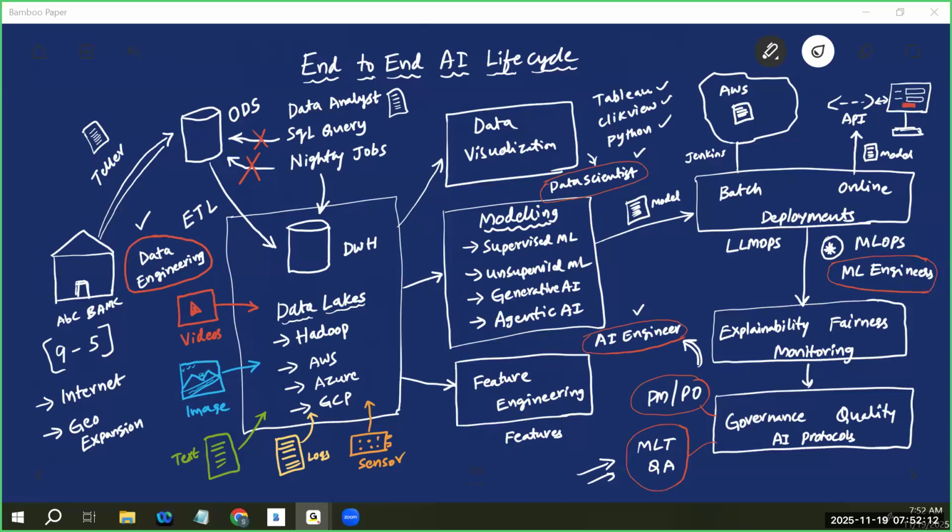There's a question: does the governance need to be established before deployment? Governance has to be hand in hand with AI, from starting till ending.